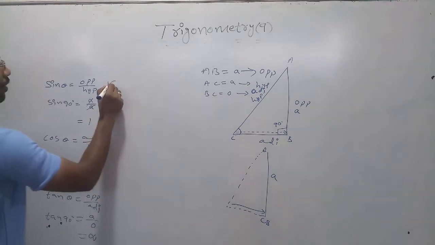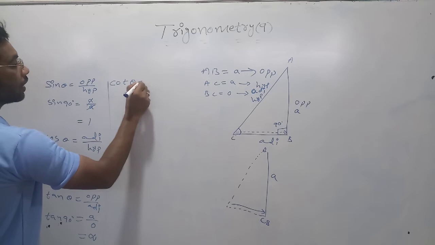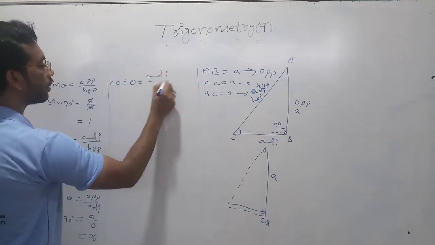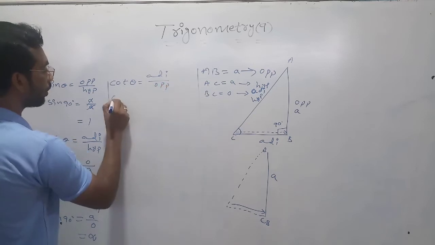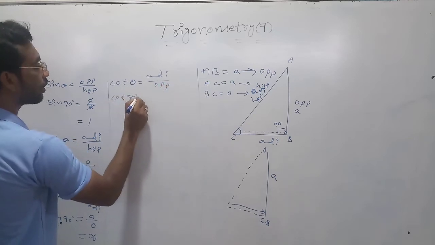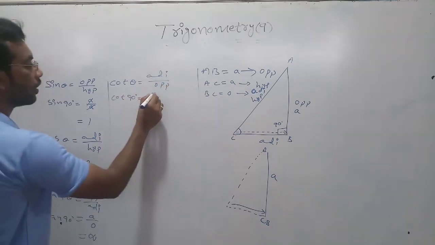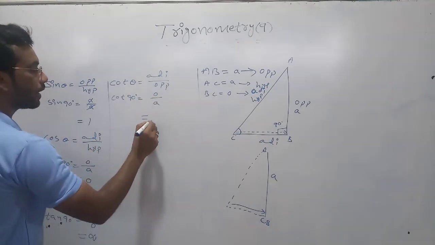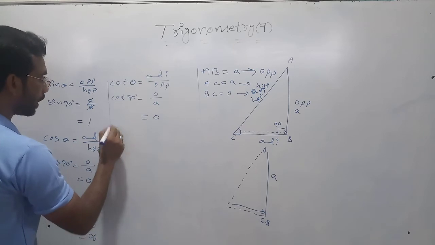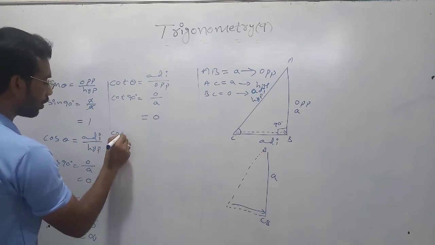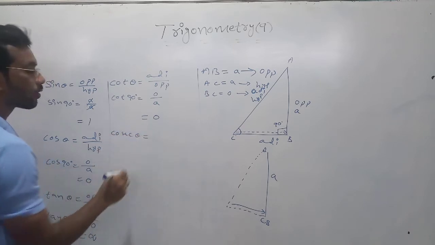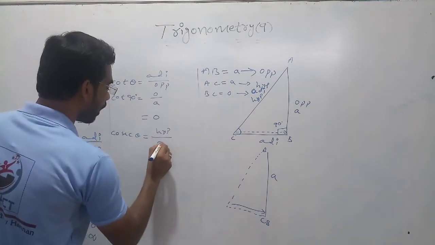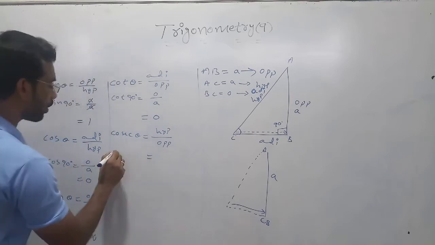Next, cot theta is equal to adjacent side by opposite side. Cot 90 degrees, adjacent is 0, opposite is A. 0 by anything is 0. Then cosec theta is equal to hypotenuse by opposite side.